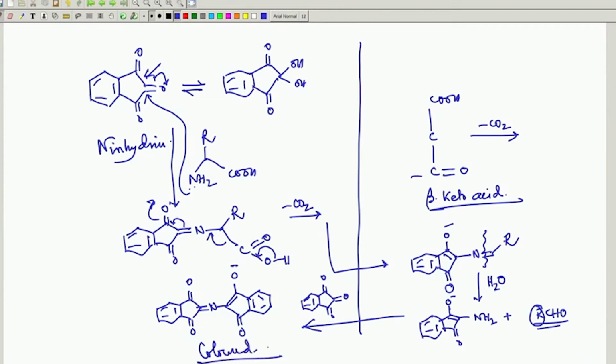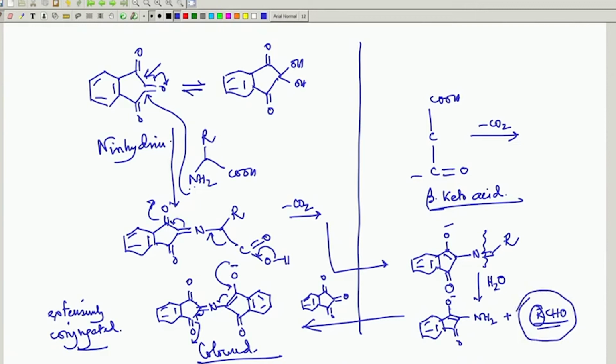Why is it colored? Because you see the extensive conjugation here, this comes here, that goes there, that can go there. So, it is an extensively conjugated system. That is why you see the color, and why you see the same color for all amino acids, because ultimately the color is not due to the R group.